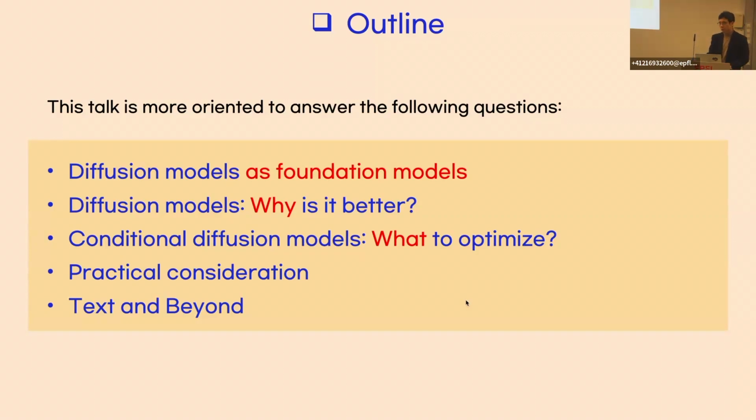Especially from the imaging perspective, most of the diffusion models people talk about are text-driven image generation. That is also a text condition, but it is more like a generative model. In order to use it for imaging purposes, you need a very strong condition from the measurement. So how do we incorporate these kinds of conditions in the diffusion model, and what do we optimize? We'll talk about that, and also some extensions for several practical considerations.